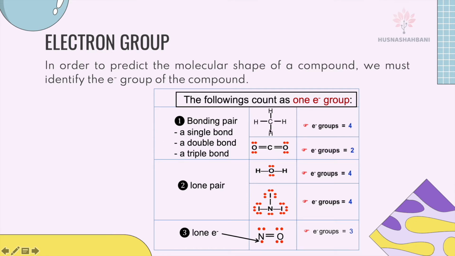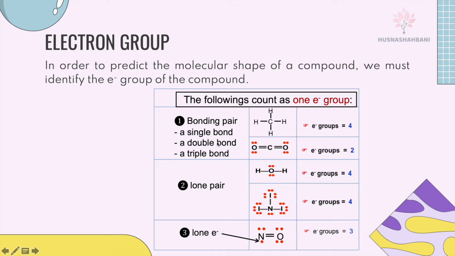Let's say CH4. CH4 has 4 single bonds. One single bond is counted as one electron group, so this molecule has 4 electron groups.